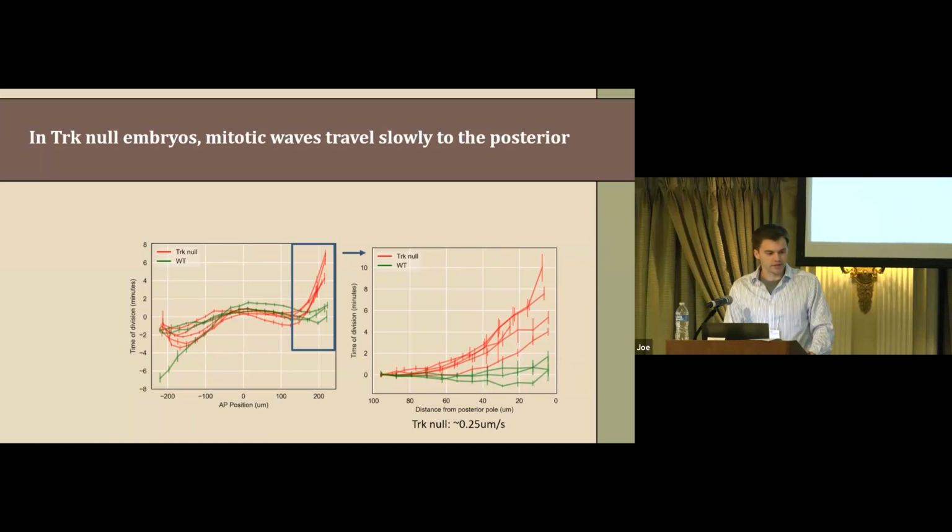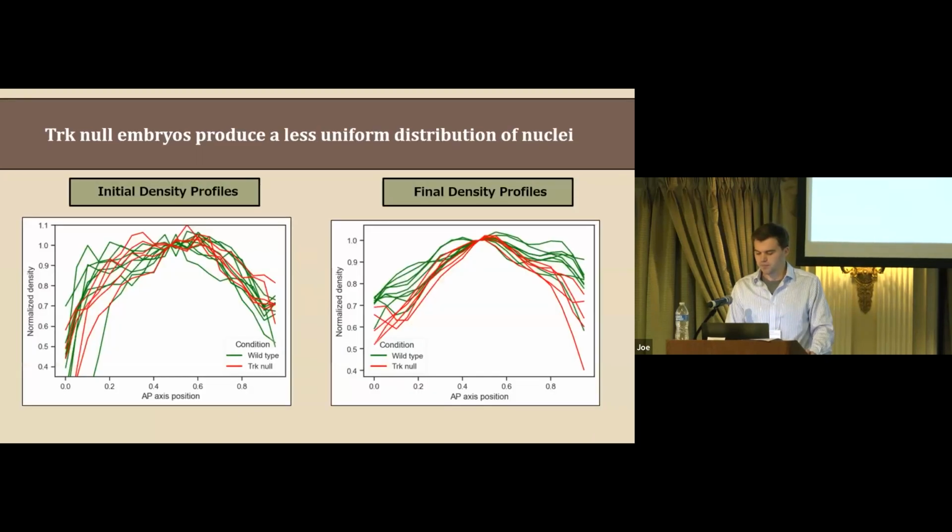And the very last thing that I want to show is that possibly as a consequence of these unusual mitotic waves, the density profile of these embryos without this developmental gradient is a lot less uniform than those in the wild type.